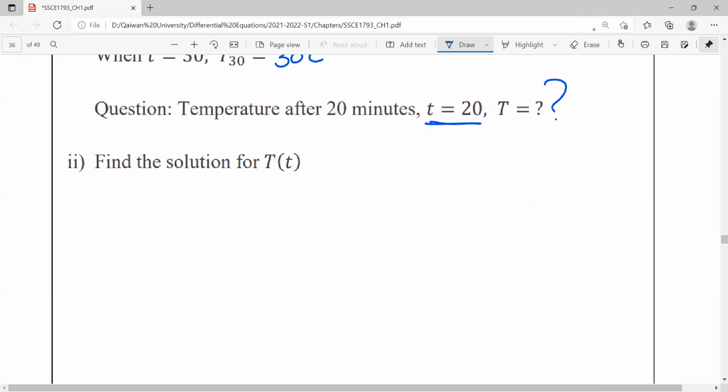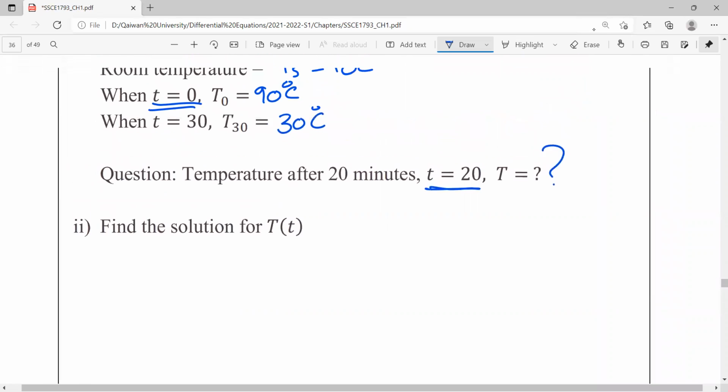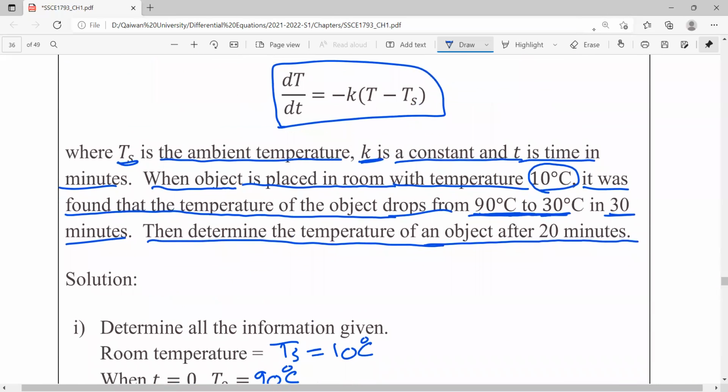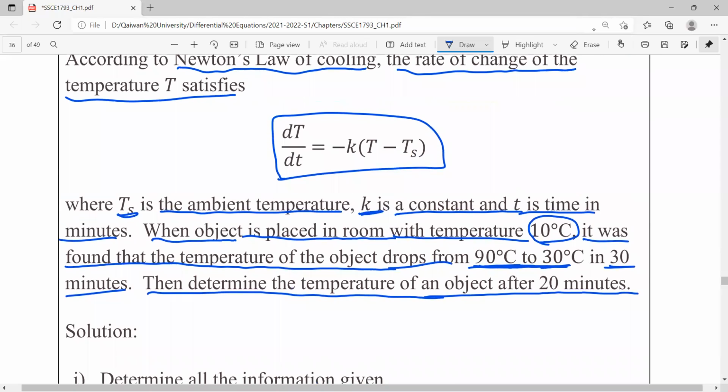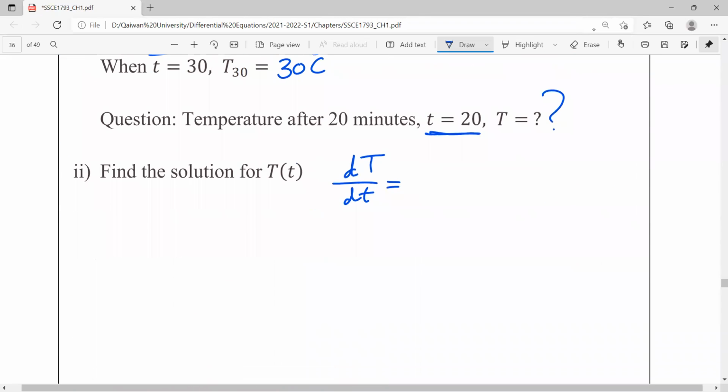First, we should find the solution for capital T. This is the equation: dT/dt equals minus k times (T minus Ts).